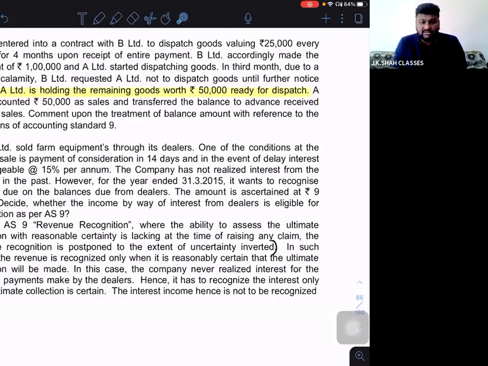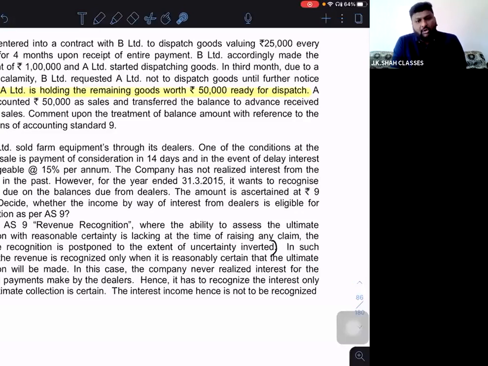Any query with question number 6? Yes, Mr. Naveen. Sir, in the same question, if they have given that for the previous years they have received their interest, but now for this year alone they have not received, then we can say that it can be recognized, no, sir? Yes, sir.